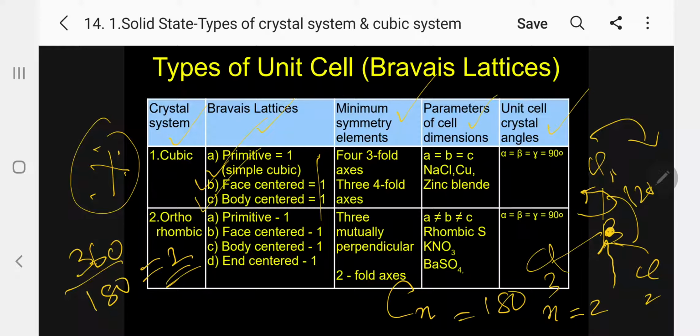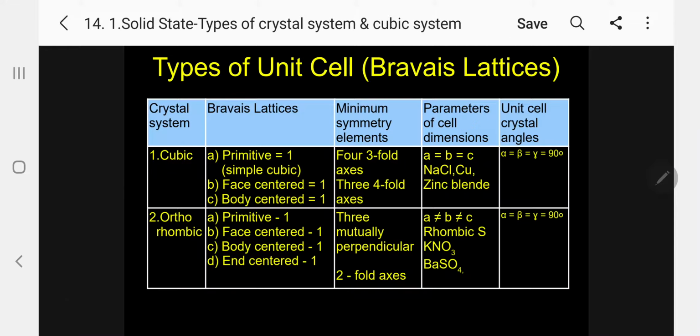That means again an identical configuration. How many degrees am I rotating? 120. So 360 by 120 is nothing but 3. So this has one 3-fold axis. In boron trichloride, I can say one 3-fold axis and three 2-fold axes. I hope you have a clear idea regarding the fold axis.